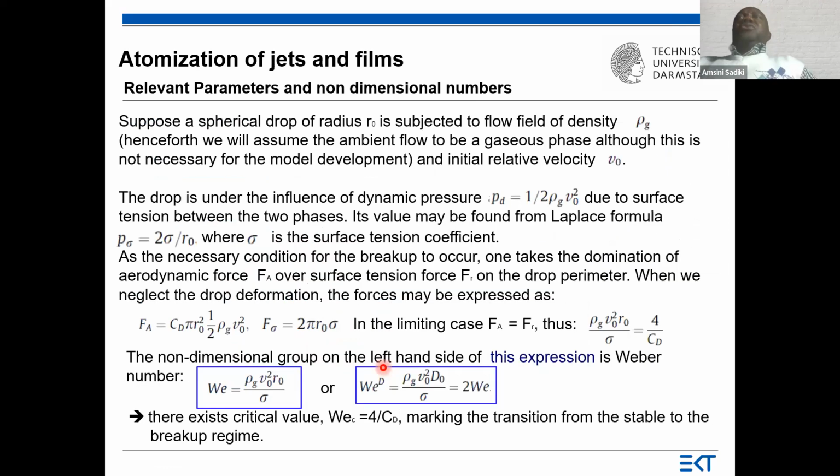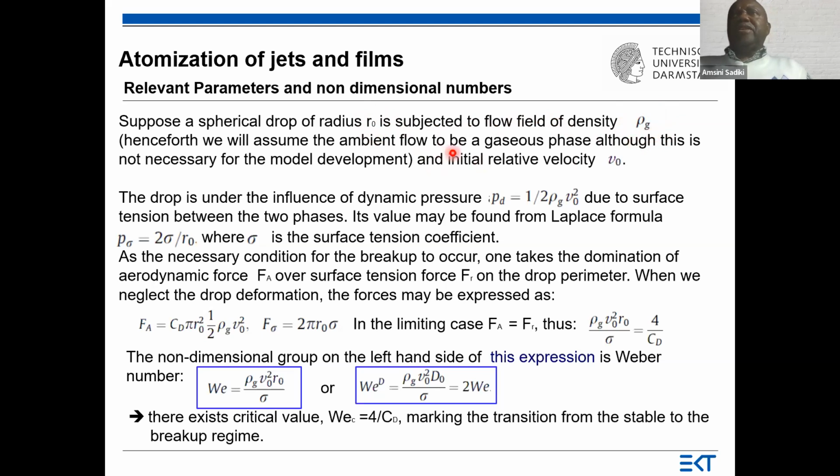So let's now go to the Weber number. We suppose that we deal with spherical droplets of this radius here. It is subjected to a flow field of this density, so that is the density of the gas flow.